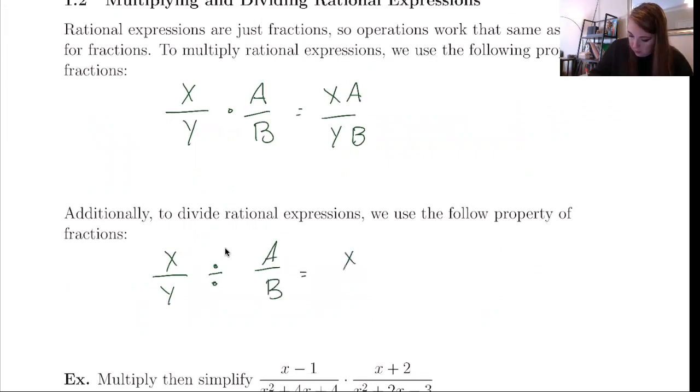So I'm going to keep x over y. I'm going to change the division to a multiplication sign, which in this case is just a little dot. And I'm going to flip my second fraction. Instead of a over b, it's going to be b over a. Alrighty. And now I can use that first property that I just learned.